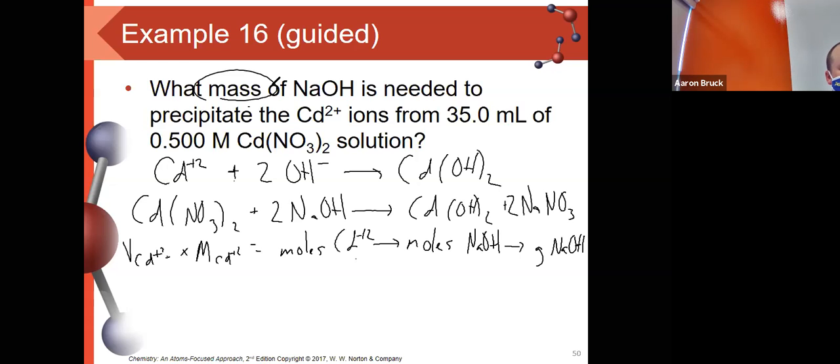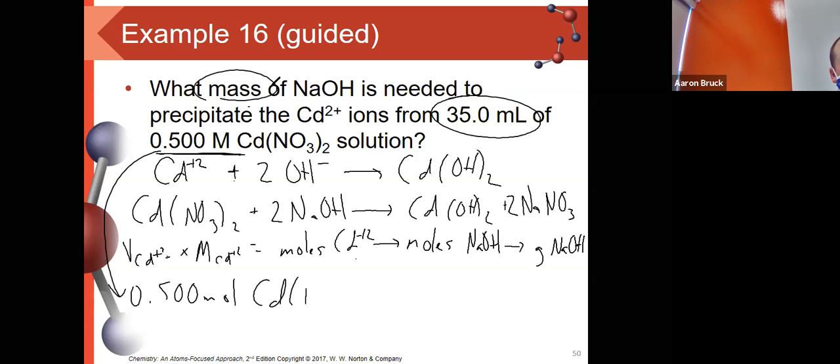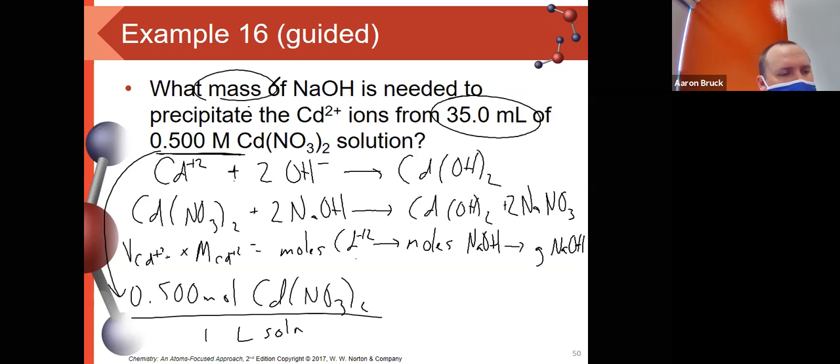And to do that, what I have to understand is if I start with my volume, molarity is a definition. Molarity says that there are 0.500 moles of cadmium nitrate in 1 liter of solution. Well, if I know how many liters I have, that's a conversion factor right there.